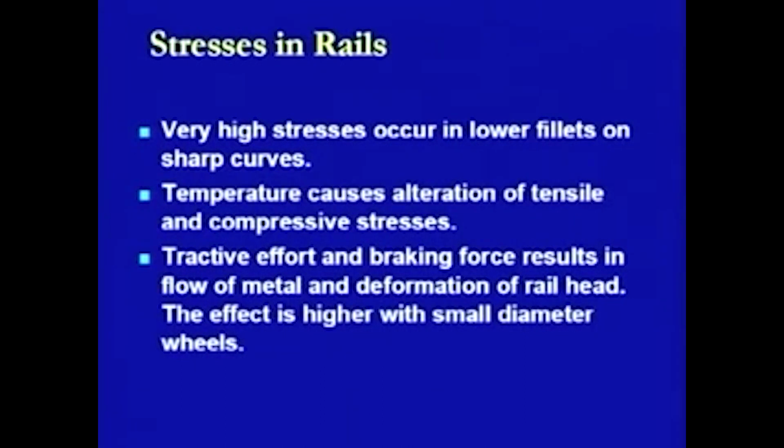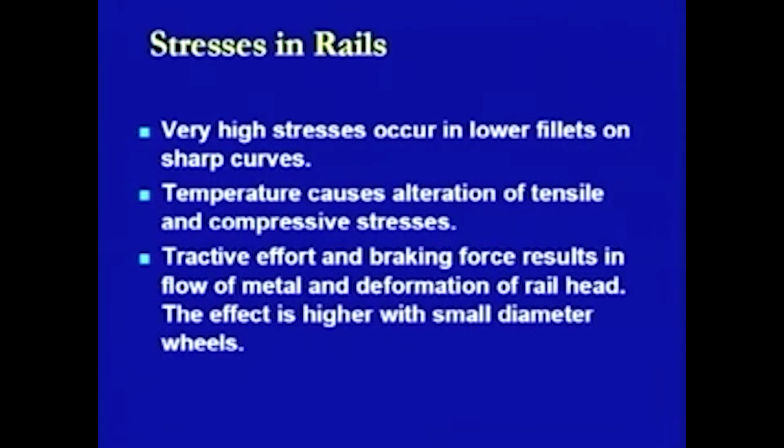Then the next point, which is also important and causes stresses in rails, is related to the tractive effort. There is a train or wagon or locomotive which is in a stationary condition, standing on a track, and as soon as the tractive effort is applied, this tractive effort will be working in the backward direction.